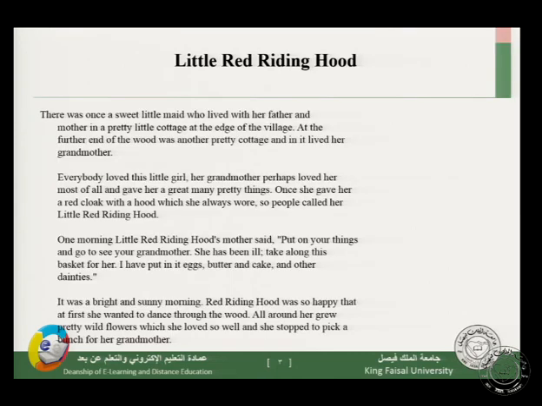Little Red Riding Hood. So just from the title, and telling you the Arabic title of this story, I think most of you, if not all, are familiar with it.